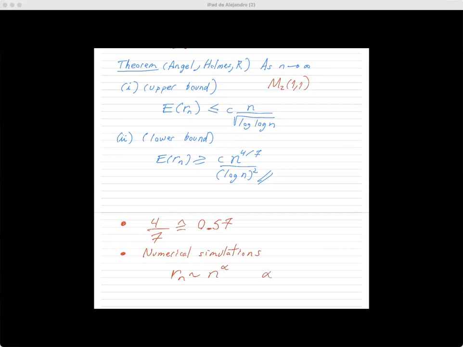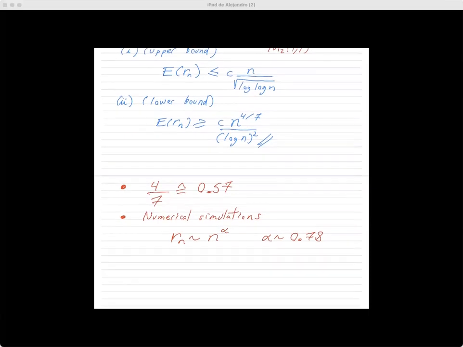And so this is, well, only numerical simulations, and with an alpha which seems to be like 0.78. Okay, let me go on.